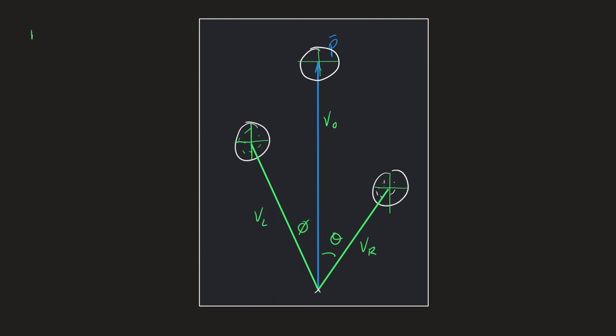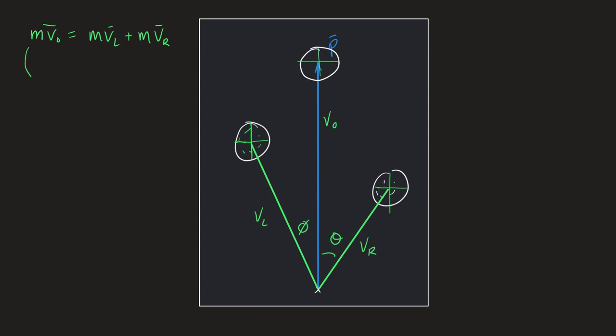So you're going to be looking at mv0 being equal to mvl plus mvr. But these are vectors. Because they're vectors, you can't just compare them this way.